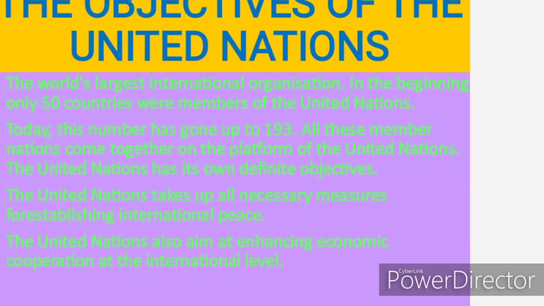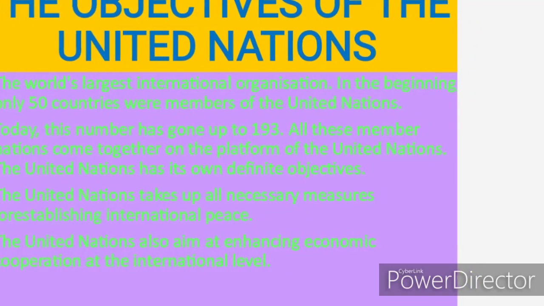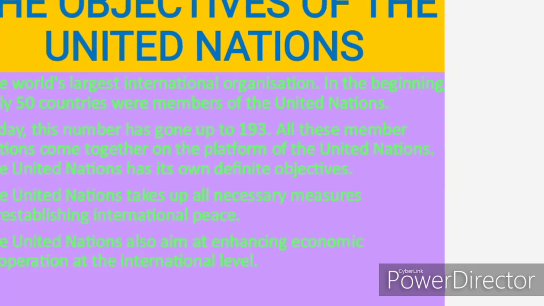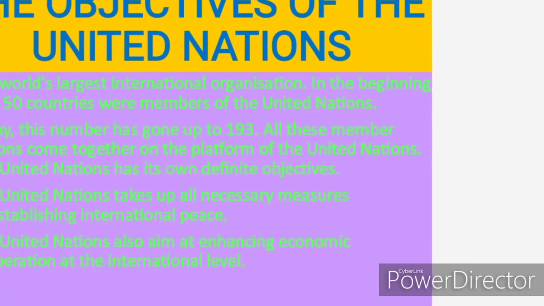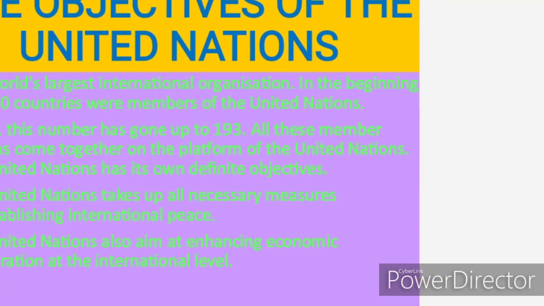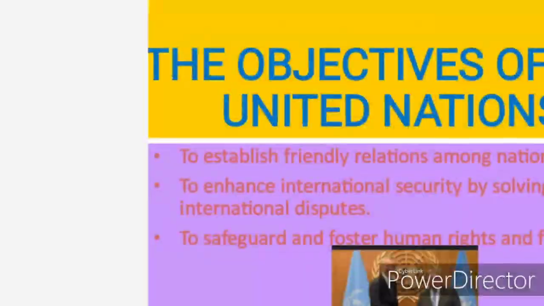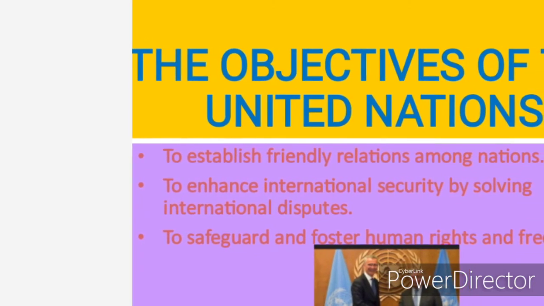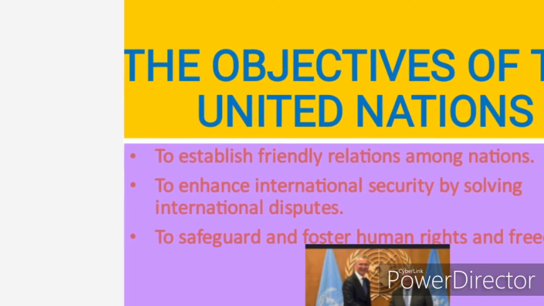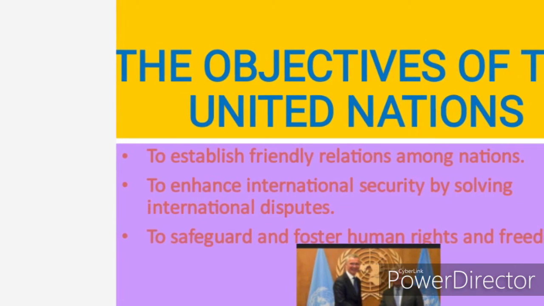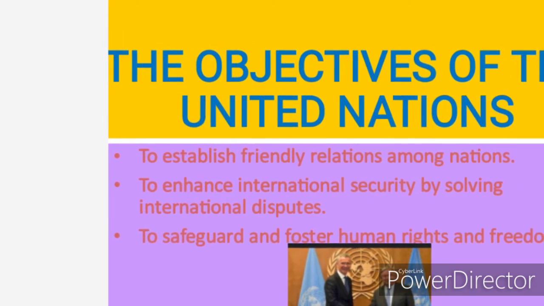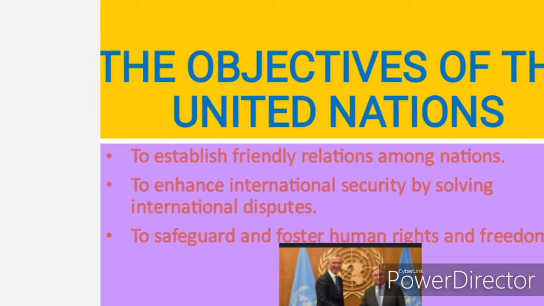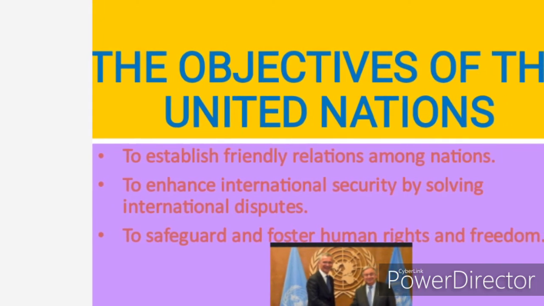All these member nations come together on the platform of the United Nations. The United Nations has its own definite objectives. Briefly, the United Nations takes up all necessary measures for establishing international peace. These are the specific objectives of the United Nations.